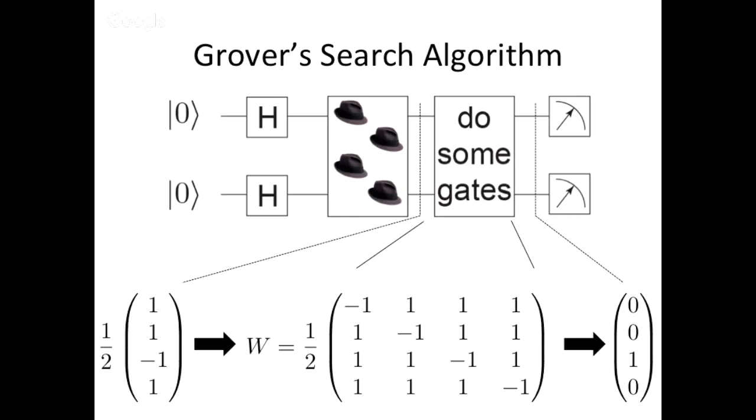But the quantum computer is going to take square root of n guesses, so it can do it a square root faster. So let me just write that down.